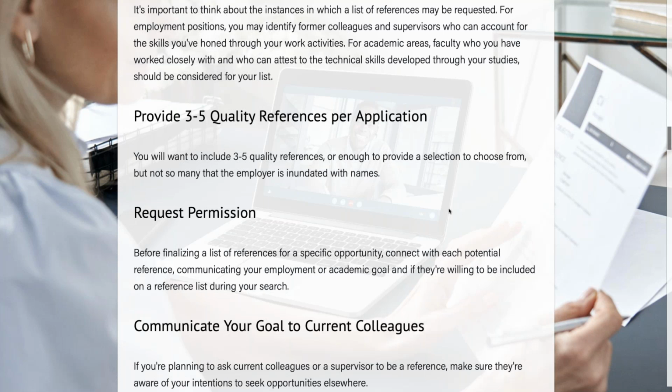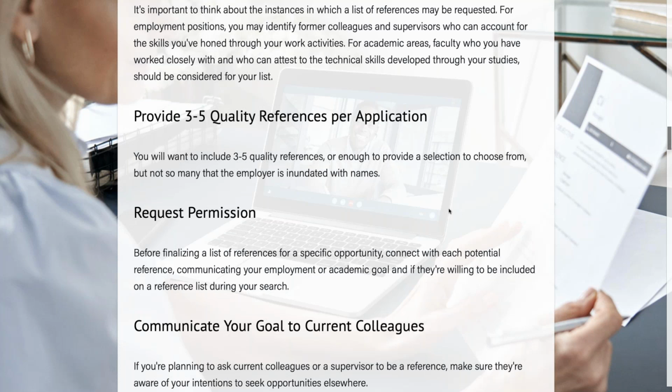Part of moving through this hiring process is requesting permission from those who can speak specifically about your skills, qualifications, and overall strengths. Requesting permission is very important because you never want to catch a potential colleague off guard if they have been contacted by a hiring manager for a position that you didn't share with them.